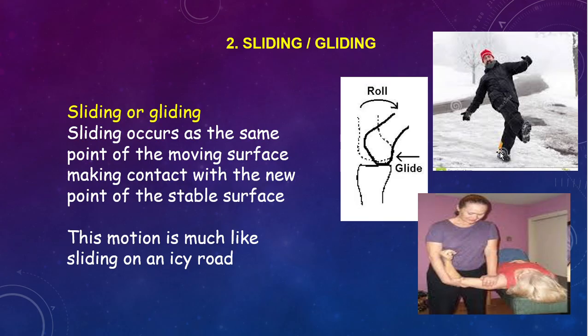So we say sliding or gliding takes place when the same surface of the moving bone makes new contacts with new points on the stable bone. The same point on the moving bone is making contact with new points on the stable surface. That is gliding.